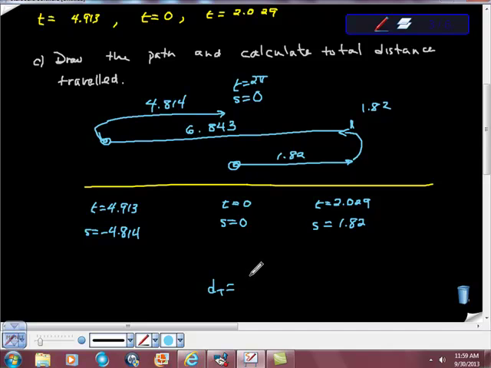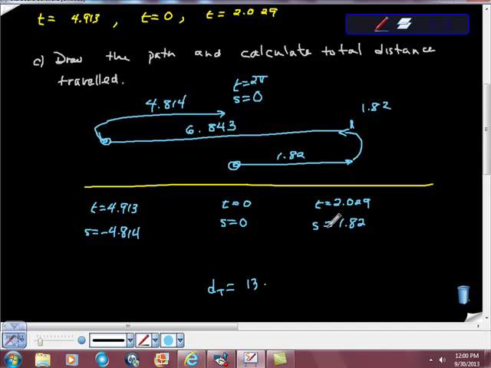Total distance equals 13 and whatever that is. And I can do that math if you like, but I'm just showing you how I would do this. Remember that if he's at 1.82 and he travels back to negative 4.814, it's the absolute value from this number to 0 plus the absolute value from 0 to that number. So make sure you're counting everything, right?